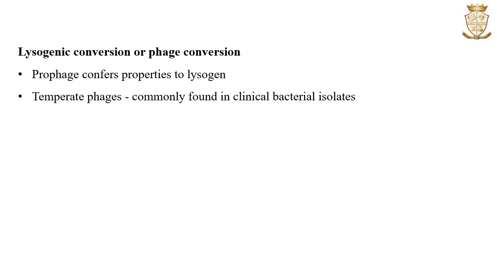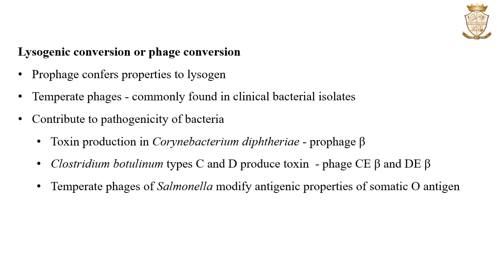Temperate phages are commonly found in such bacteria. They contribute to the pathogenicity in these bacteria. Examples are the toxin production in Corynebacterium diphtheriae. It is determined by the presence of a bacteriophage beta. The prophage beta form is present inside the Corynebacterium diphtheriae, which are capable of producing toxins.